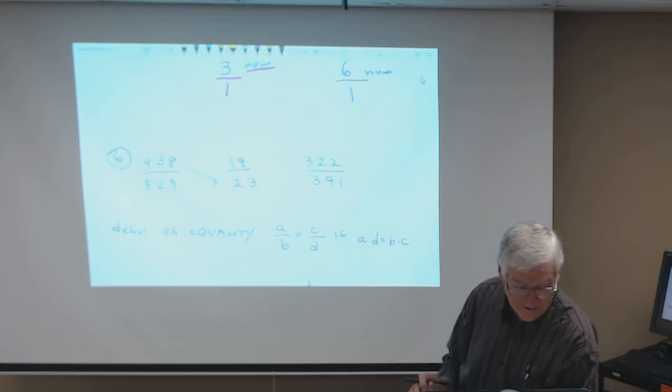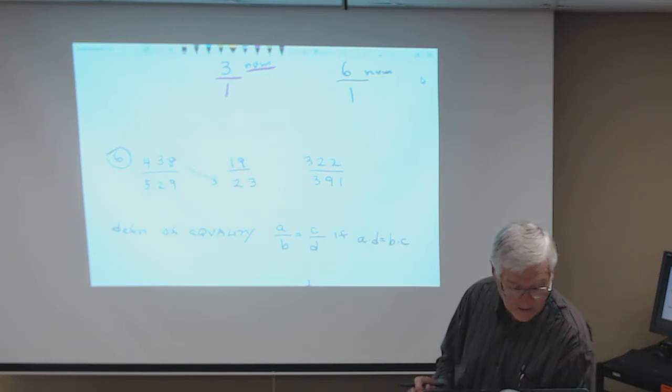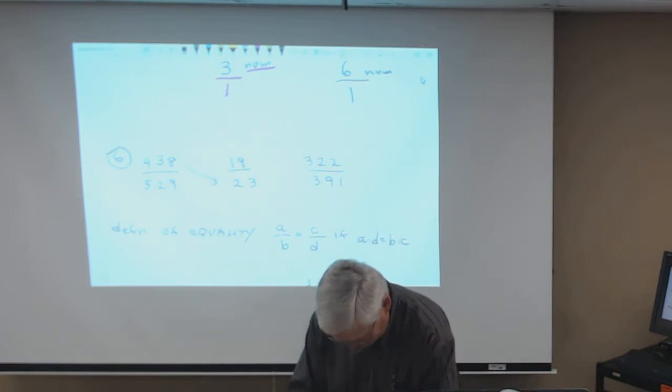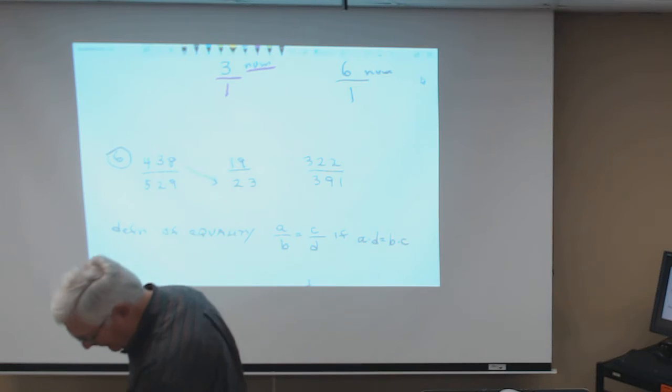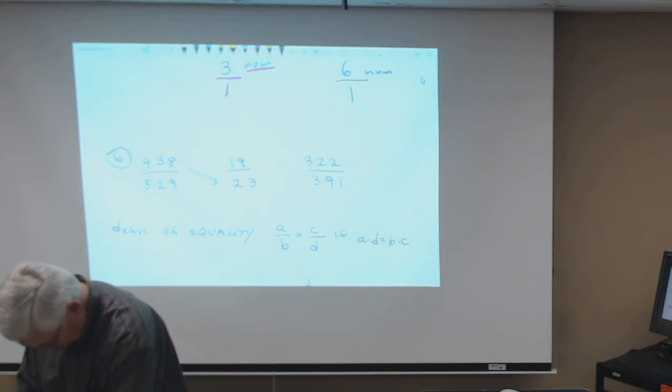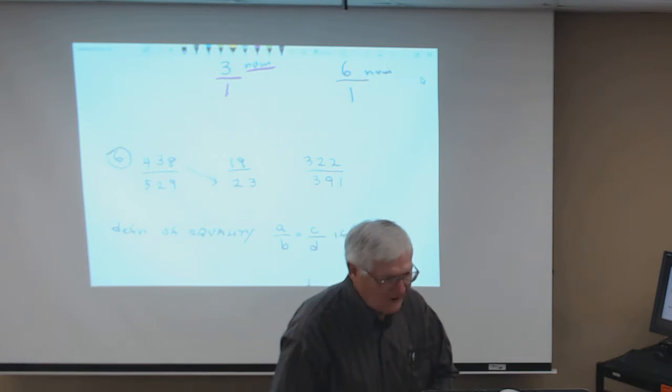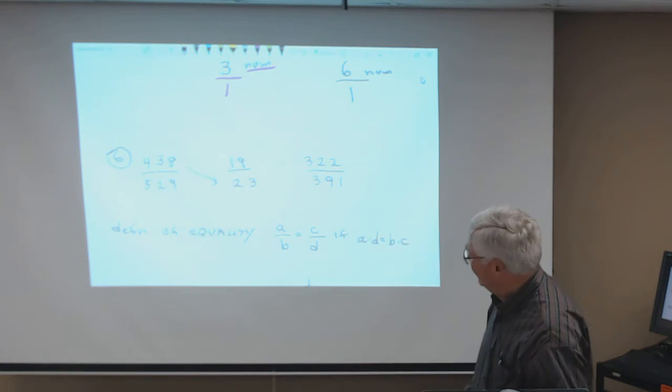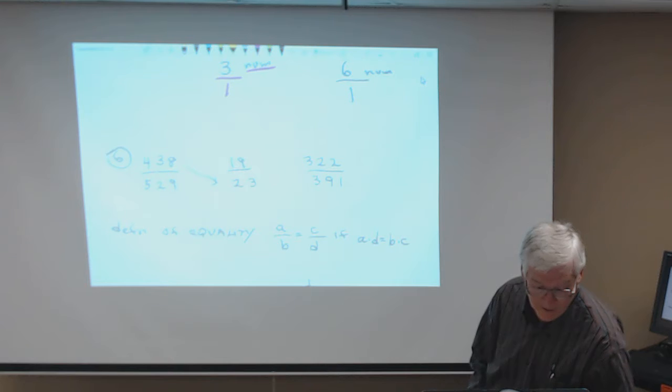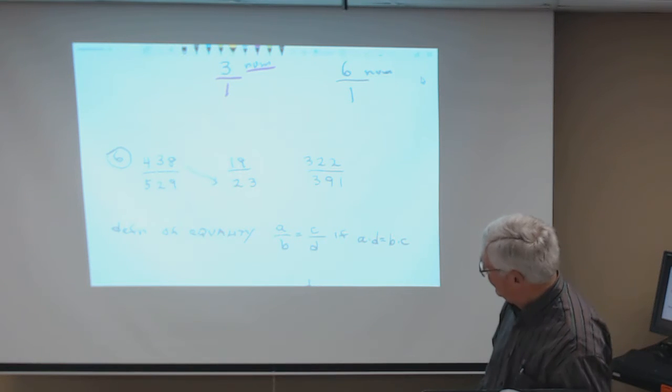Problems 5 through 7. Identify the rational numbers that are equal. Oh man. I need to get my calculator out for this one. Problem number 6 is the one I have up here.